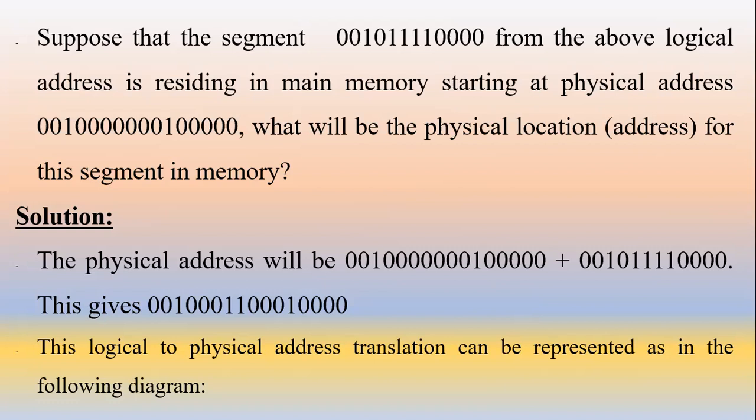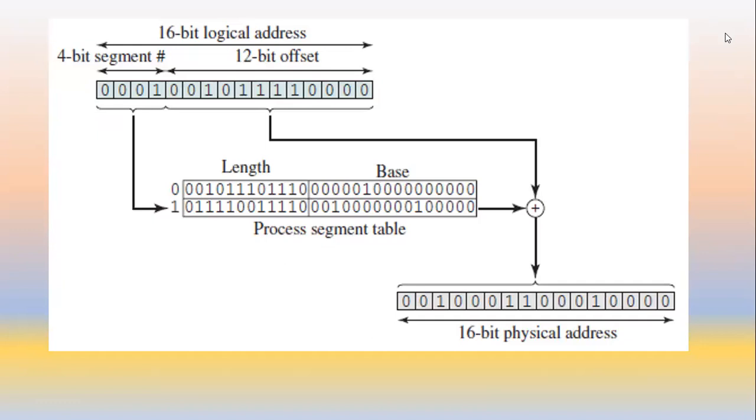So this logical to physical address translation can be represented as in the following diagram. From this diagram, you can see, my dear student and the rest of the learners, that we have a 16-bit logical address, whereby we have the 4-bit segment number, which is 0001, and then the rest is an offset, or what we are calling displacement.